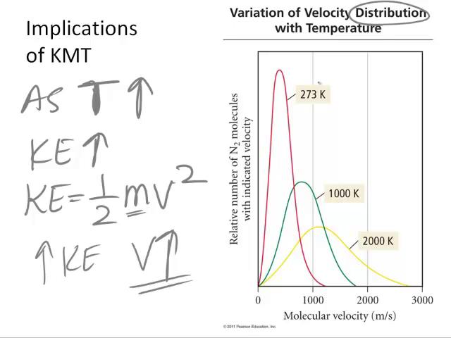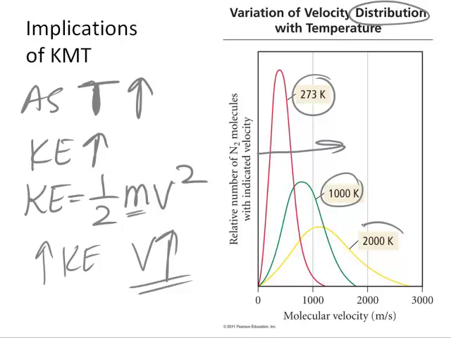As the temperature increases from 273 to 1000 Kelvin, the distribution of velocities shifts, meaning that a majority of the molecules are moving faster. And the average kinetic energy and the average velocity of the molecules is also increasing, which you can calculate using the root mean squared averaging technique.